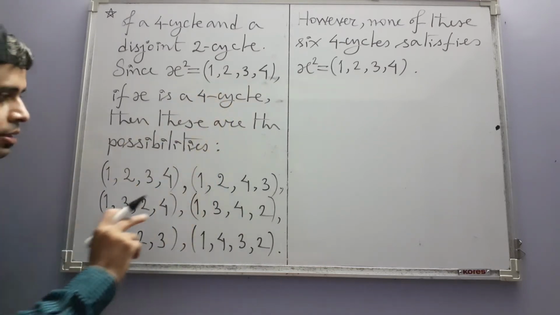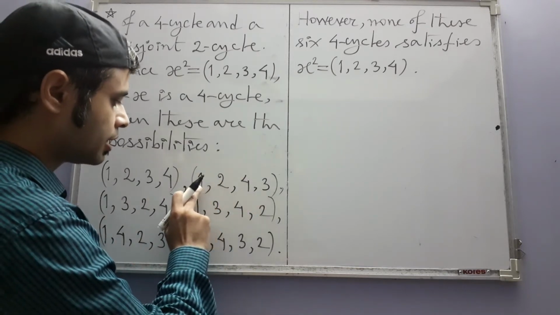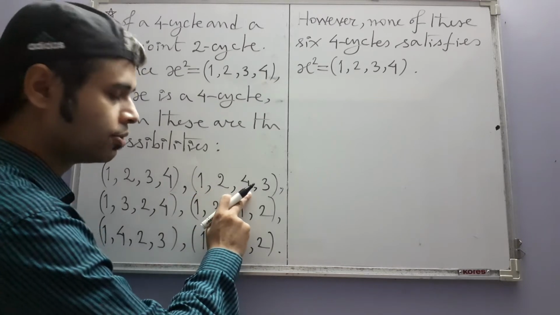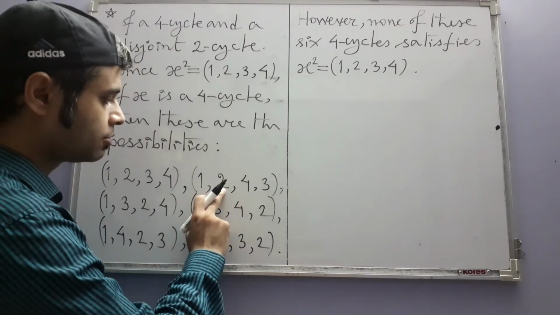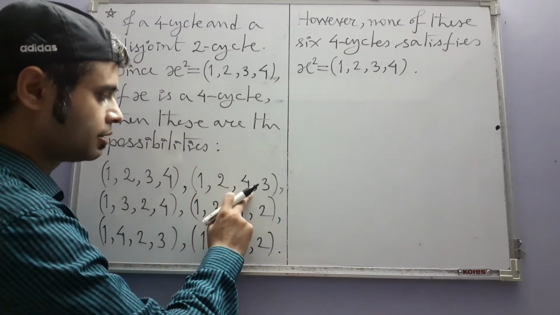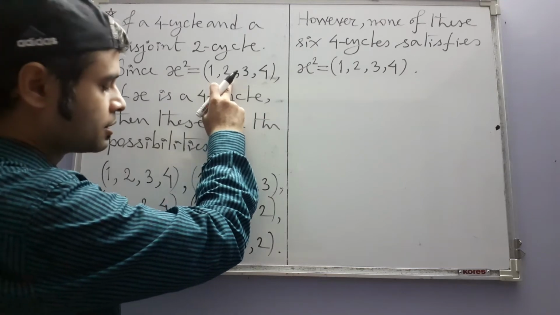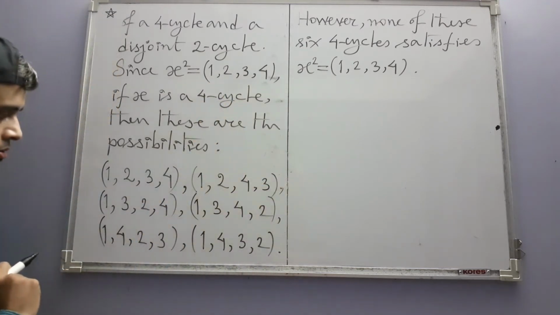The second one is also ruled out, because if you take the square of the second one, it sends 1 to 4. First it sends 1 to 2 and then another time you apply it on 2, that is sent to 4. Here 1 is not sent to 4, 1 is sent to 2. So this second one is also ruled out.